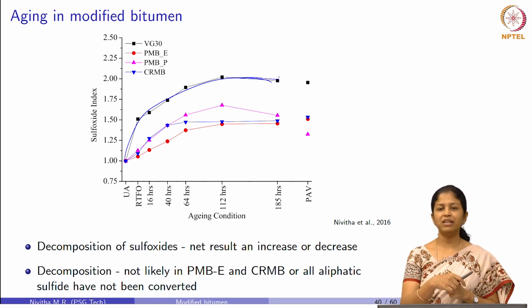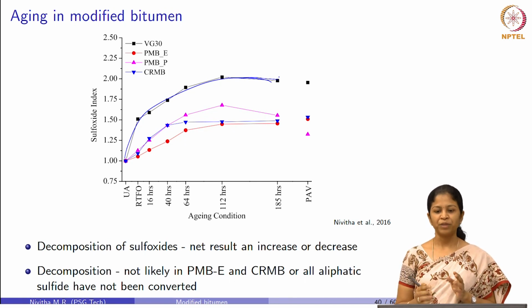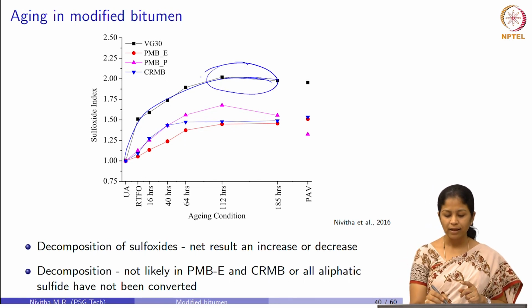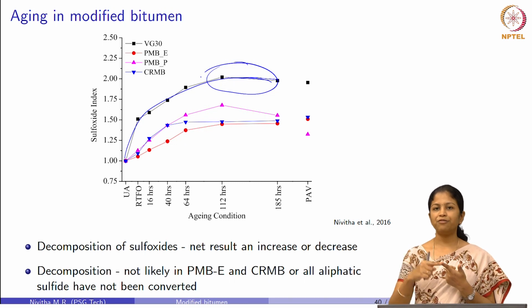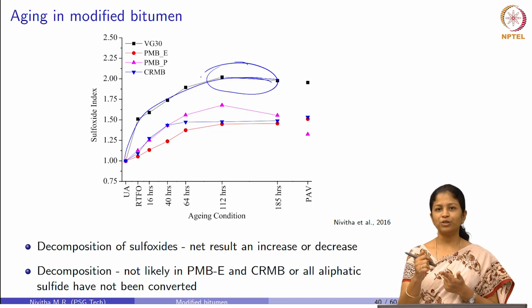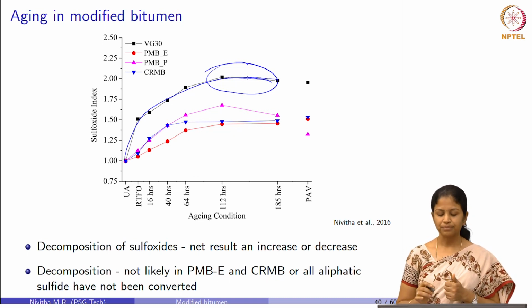We know from the aging lecture that there is formation and decomposition of sulfoxides which happen simultaneously after a certain period of aging. So, the net effect in this period is a sum of the formation of sulfoxides and the decomposition of sulfoxides. The net effect is what we see here.